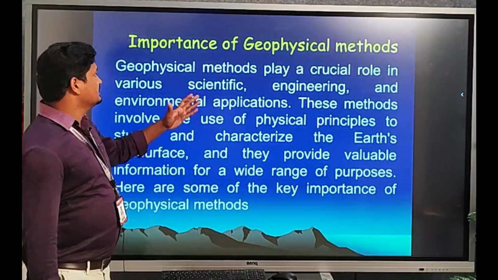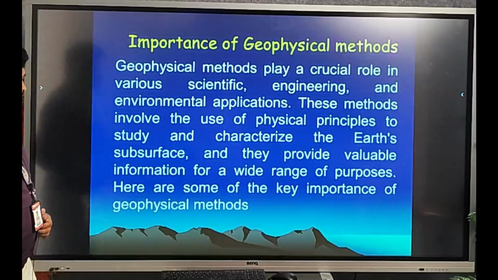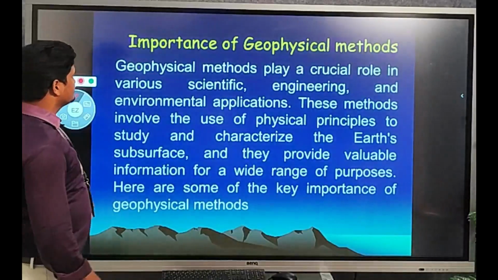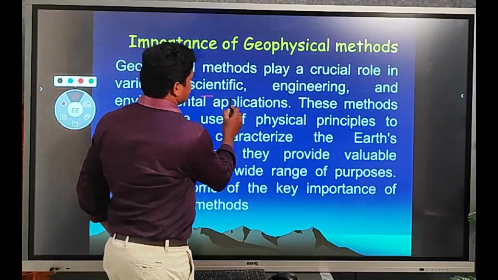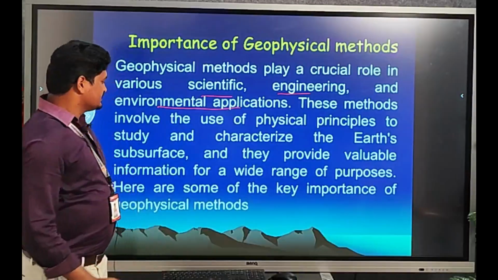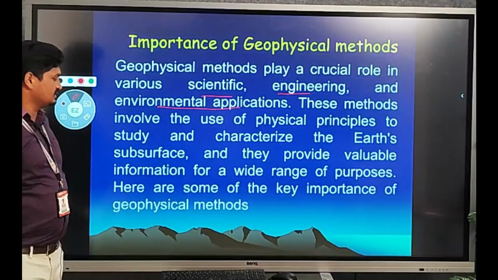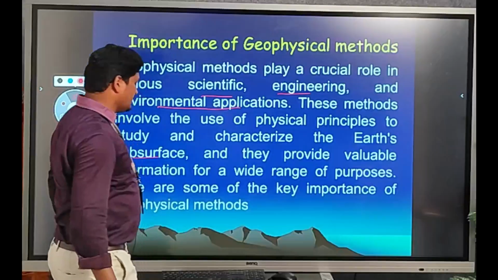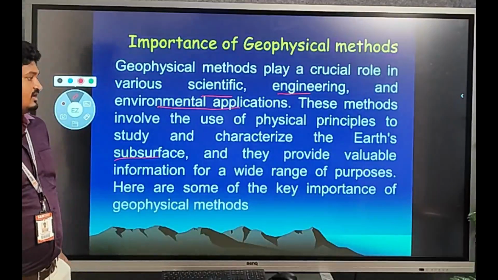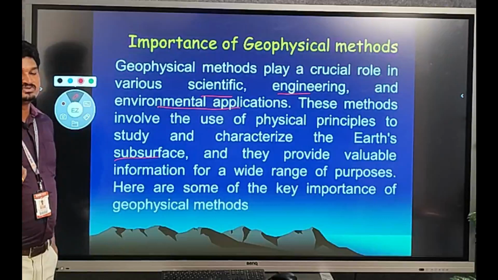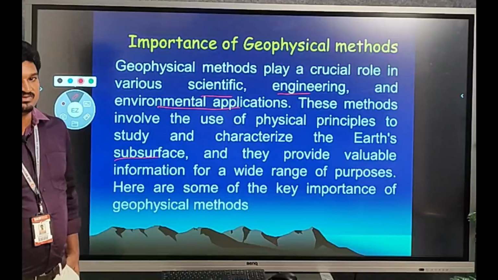They categorize the Earth's subsurface and provide valuable information on subsurface lithology. This is the major keynote of geophysical methods for understanding subsurface geology.